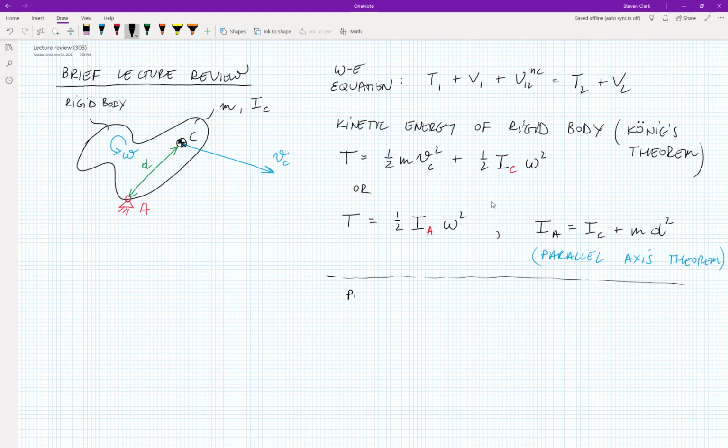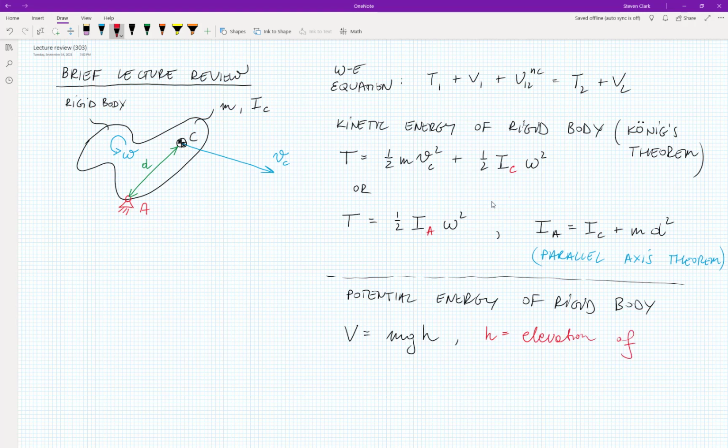Potential energy of a rigid body. Our potential energy will be mg times h, where h is just the elevation of the center of mass.